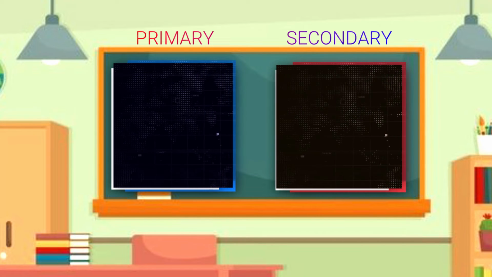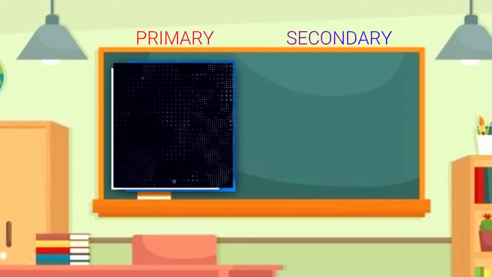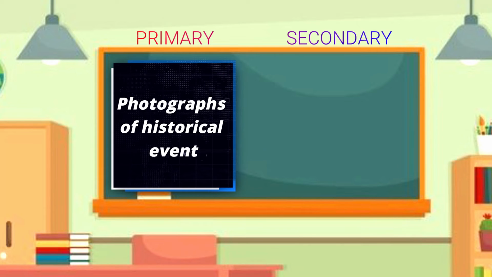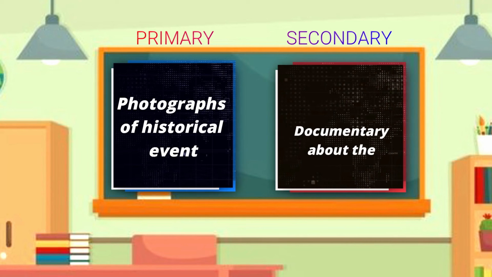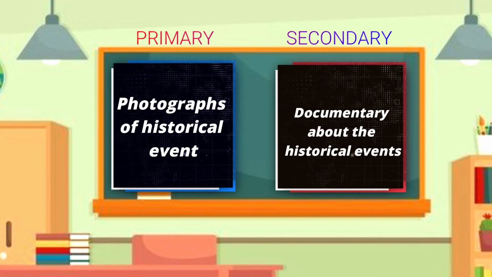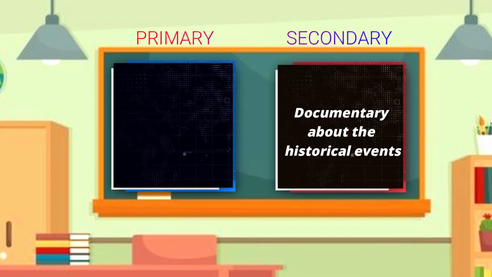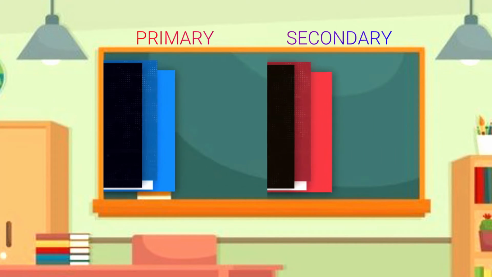the historical figure. If you have photographs of a historical event as primary source, the secondary source should be a documentary about the historical event.